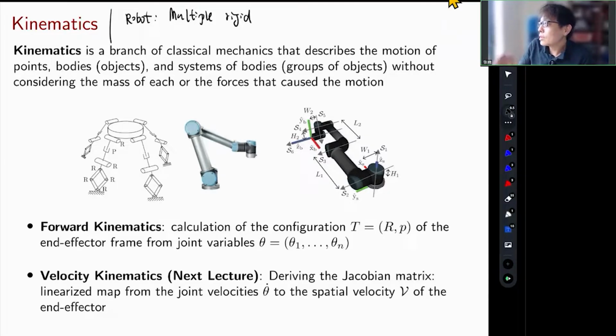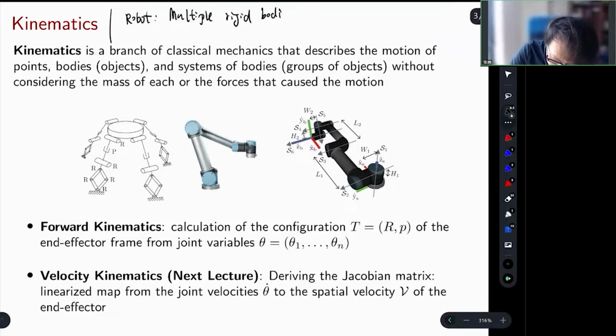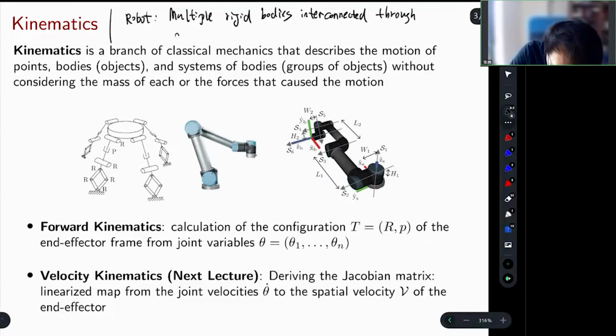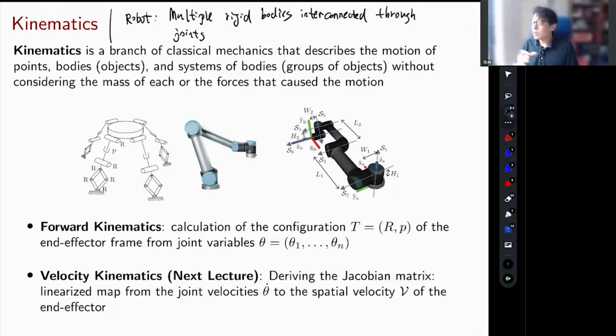They may have different looks, but mathematically, they are all about multiple rigid bodies, interconnected through joints. At least the robot we consider in this class is this kind of robot, multiple rigid bodies, and they are interconnected through joints.